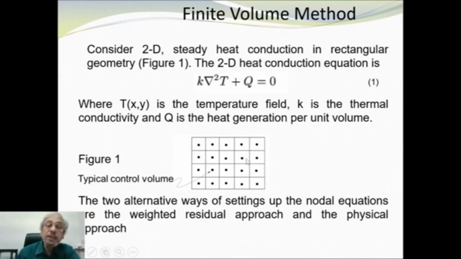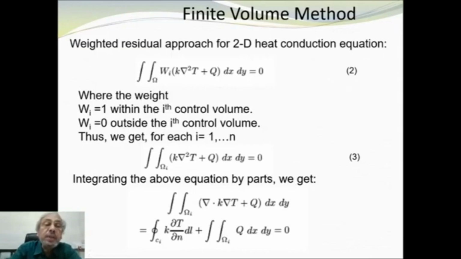Now, there are two alternative ways of setting up nodal equations, as we mentioned earlier. The first one is the weighted residual based approach, which we can apply to any subdomain method. So in the weighted residual approach for the 2D heat conduction equation, we multiply the equation with a weight function and integrate in the domain.